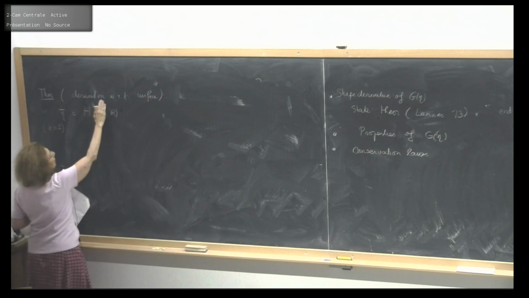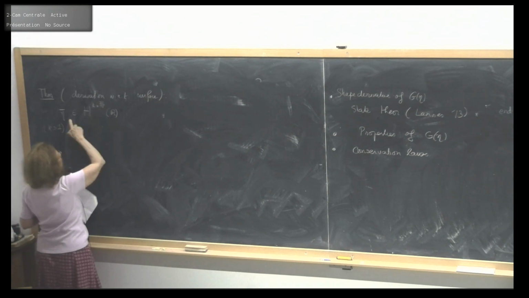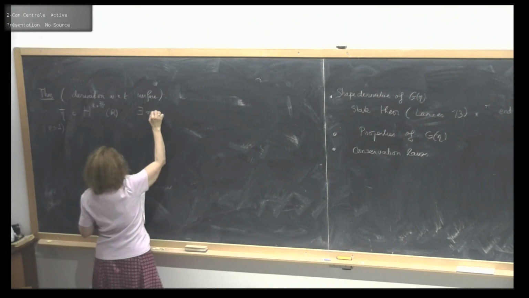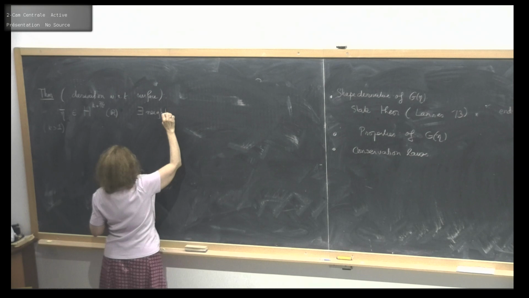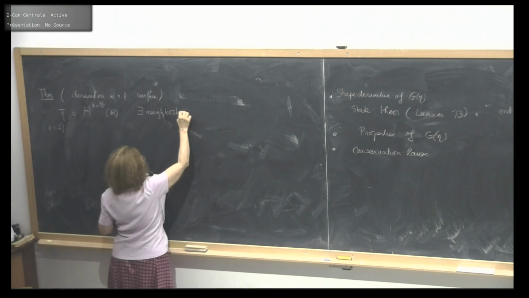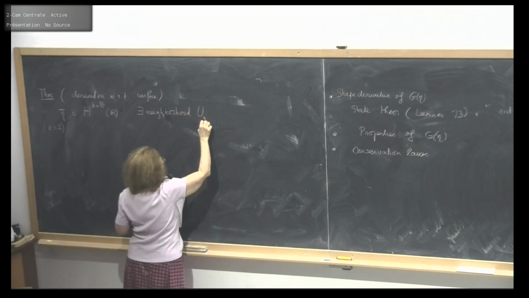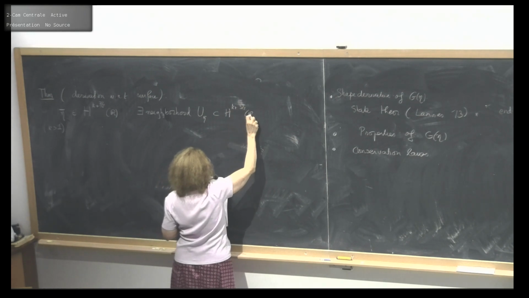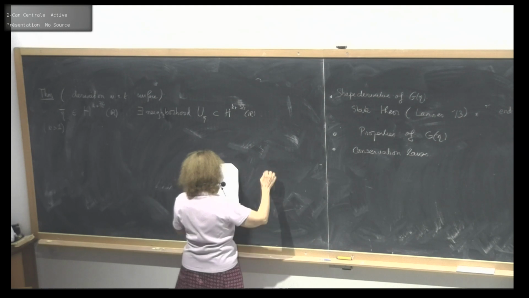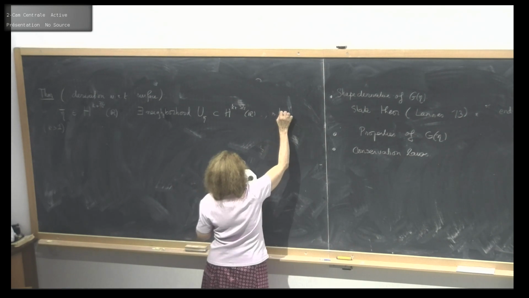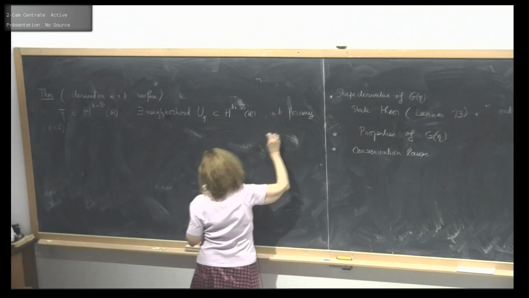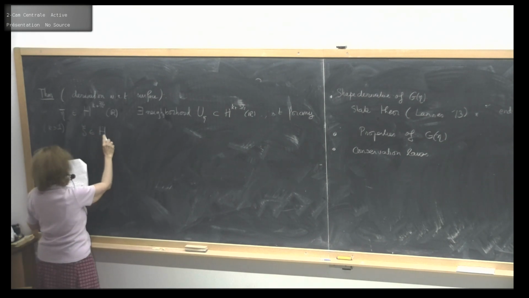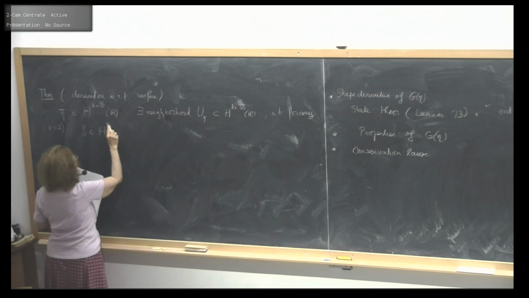So the point in the phase space where we want to calculate the derivative is eta bar. And the theorem says there exists a neighborhood, that I call U of eta bar in this Sobolev space, such that for any xi, where xi is in H^{k+3/2}.